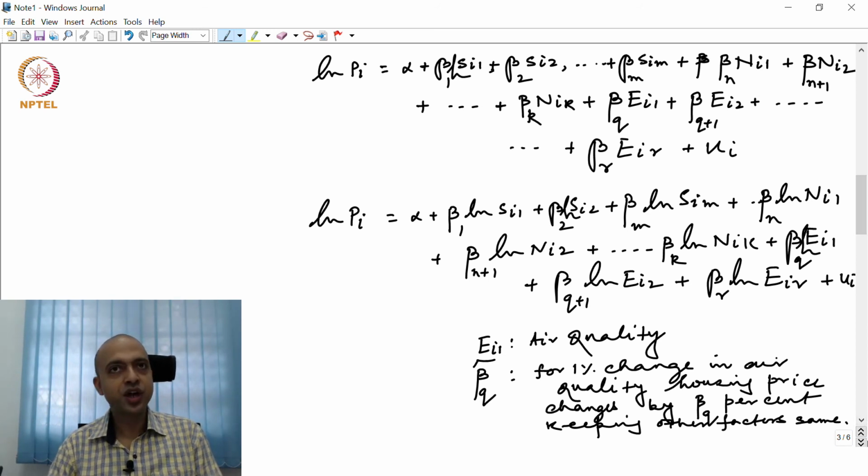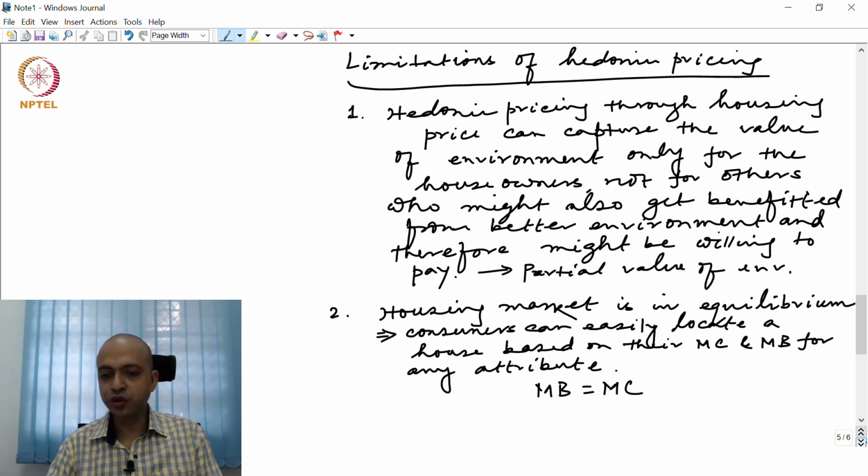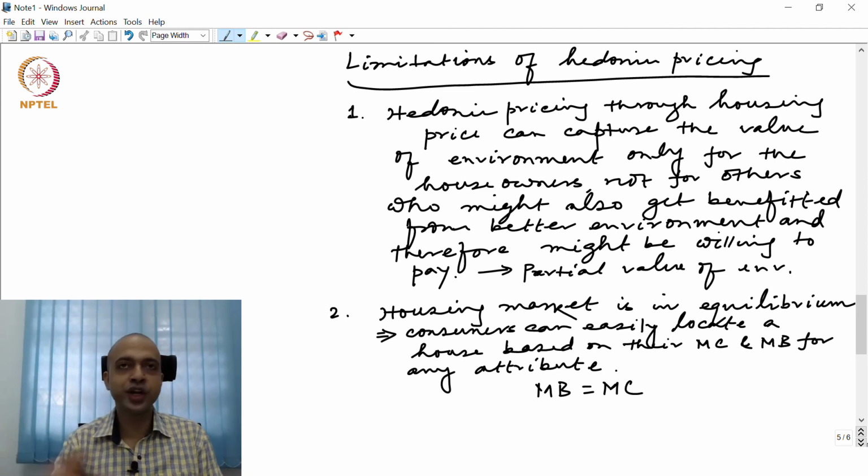As I mentioned, I repeat once again quickly, it can capture the value of better environmental quality only for the house owners, but when environmental quality improves, it is not only the house owners but several others who will also benefit, and for which they would also be willing to pay something, but this approach cannot capture their willingness to pay.